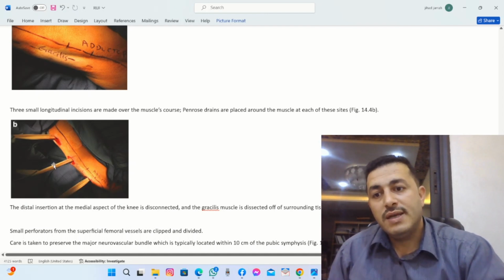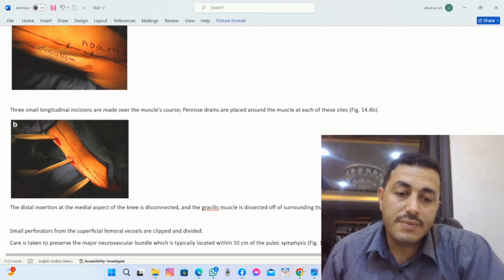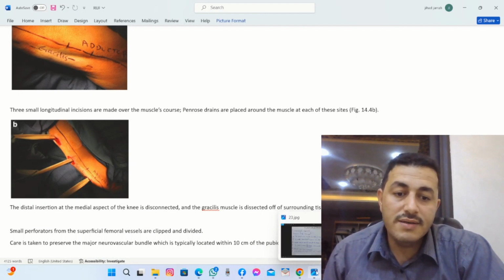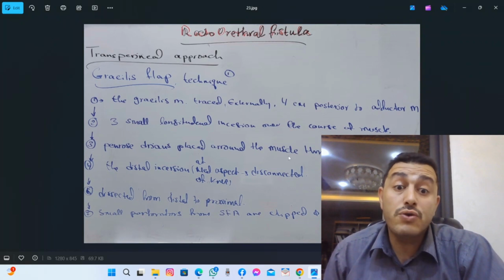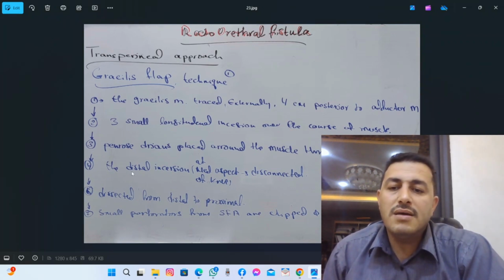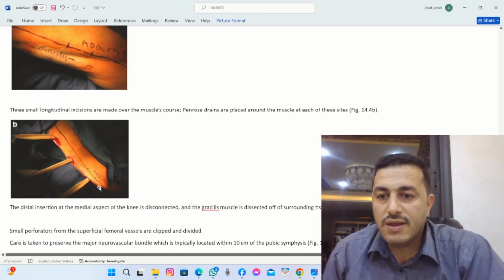Then we put a Penrose drain and we track the skin and start dissection. Penrose drains are placed through the muscle, through this incision, and the distal insertion is cut.